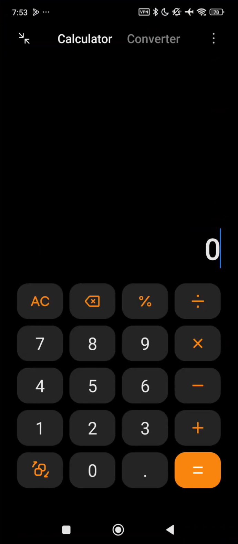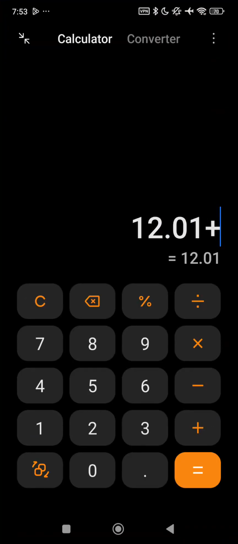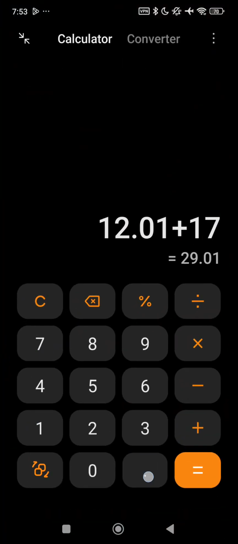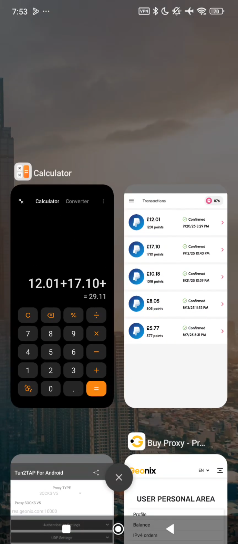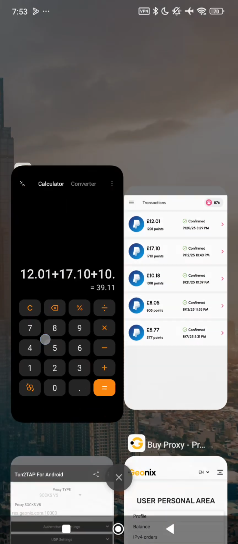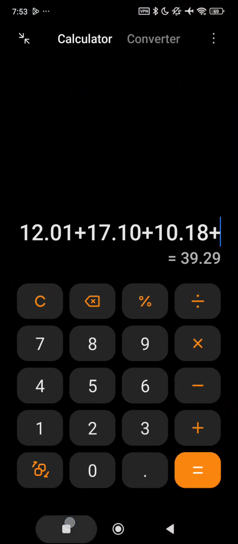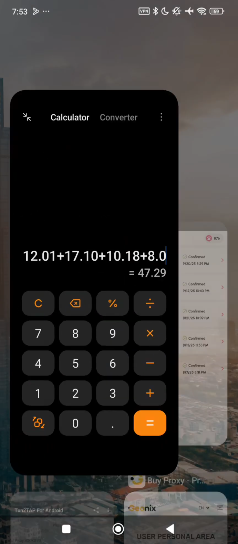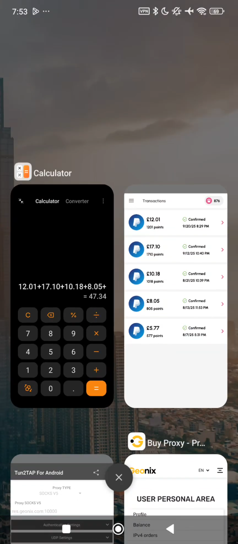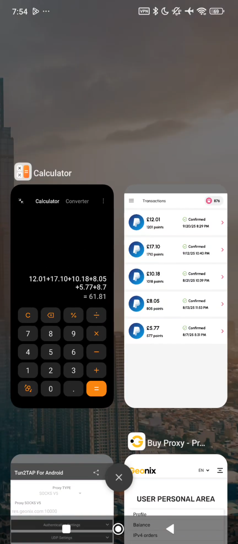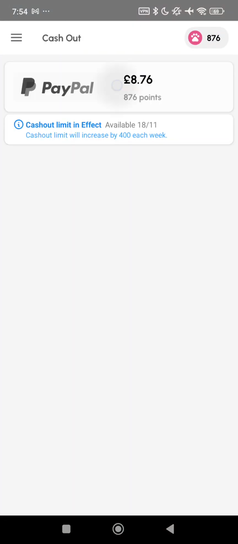I made 12.01 pounds plus 17.10 pounds plus 10.18 pounds plus 8.0 something plus 5.77 plus 8.76. That is the balance, 8.76.